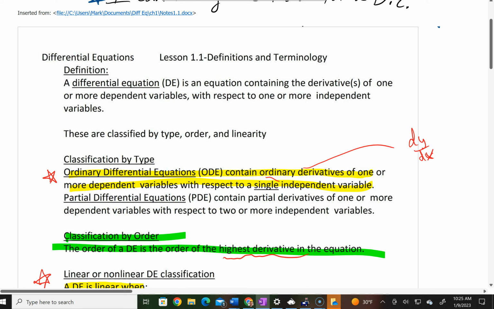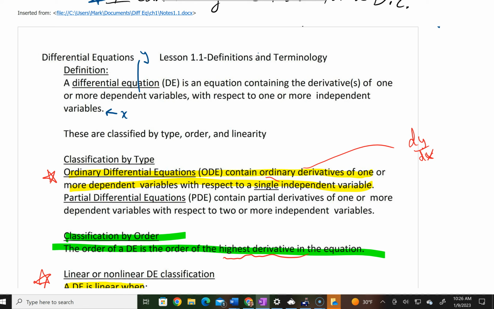So differential equations, a DE, is an equation containing derivatives or a derivative of one or more dependent variables with respect to one or more independent variables. Generally, in the past, we have represented the independent variable with x and the dependent variable with y, like y depends on x.